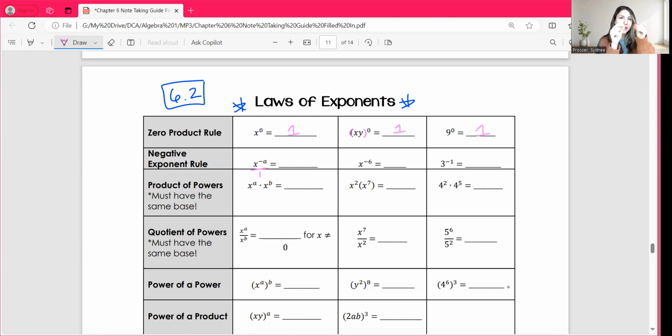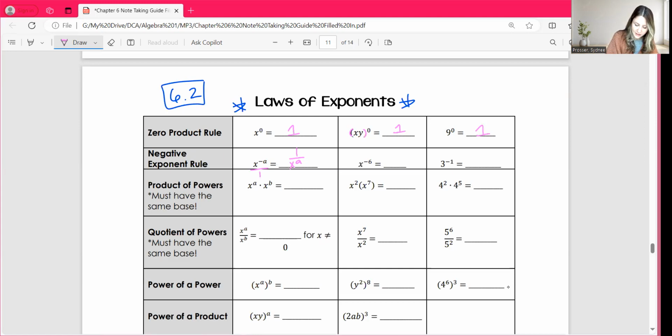You move the x to the negative a to the denominator, and the exponent becomes positive. Nothing is left in the numerator except a 1, and the whole term that had the negative exponent is now in the denominator with a positive exponent.